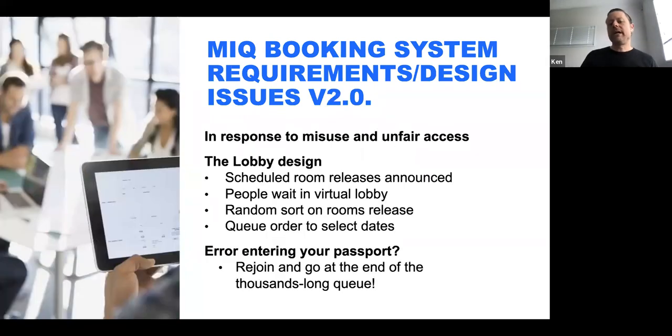So to combat the perceived misuse and unfairness, they designed a lobby system. Now there are scheduled room releases, I guess every 2 weeks now. Essentially, about 1 hour prior to the rooms being released, people can arrive in the system and wait in a virtual lobby.